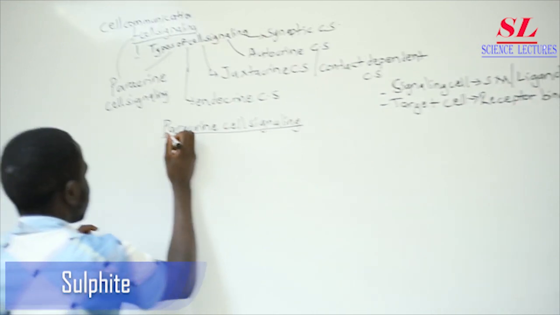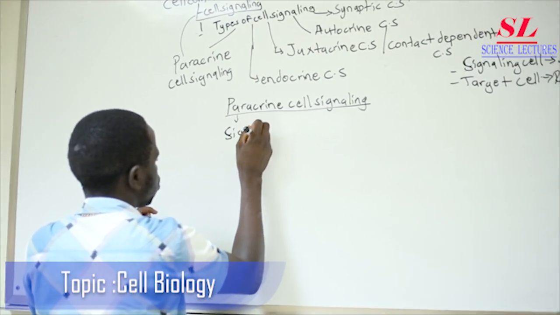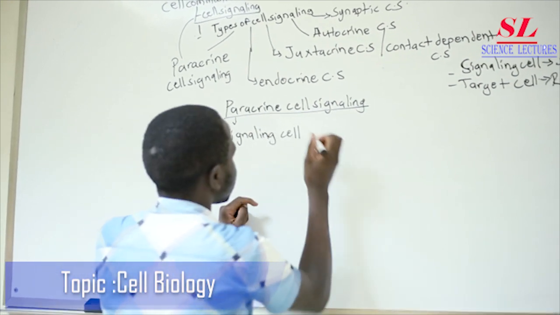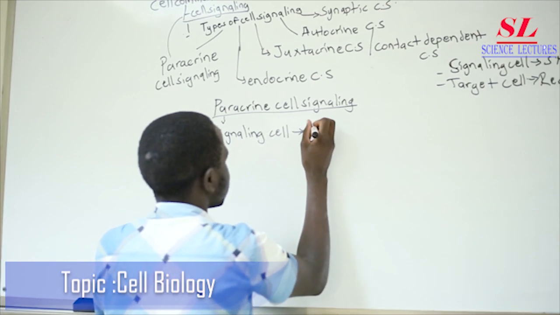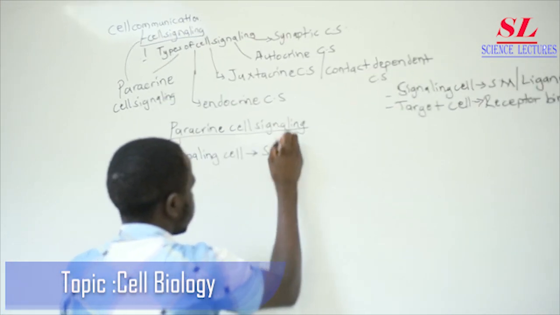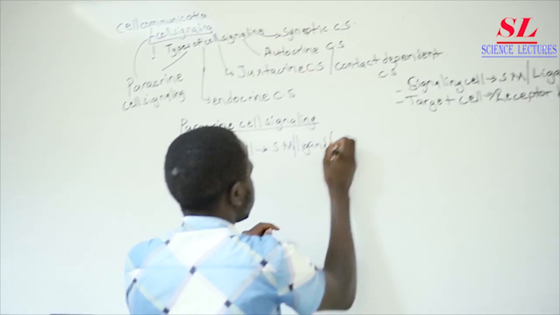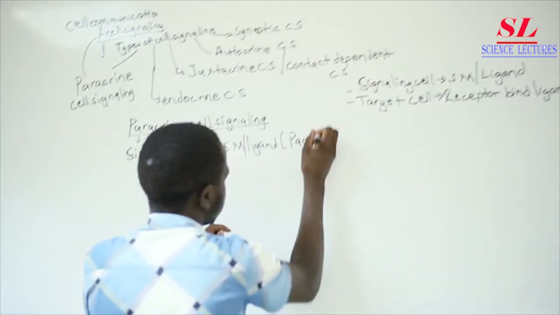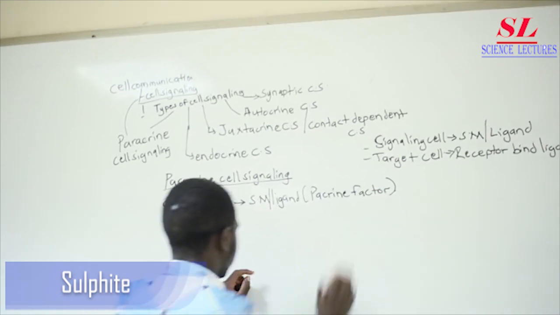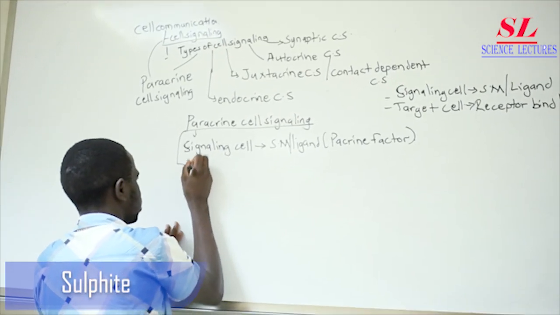So in paracrine signaling, as I've said, we shall have a signaling cell, or a cell that will produce a signaling molecule, or what we say is a ligand. Then on this ligand, we call it a paracrine factor, which will travel for a short distance.